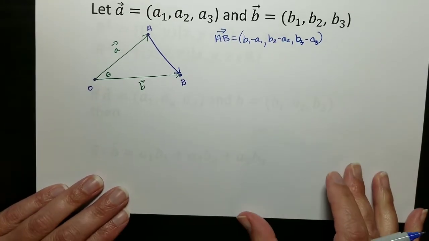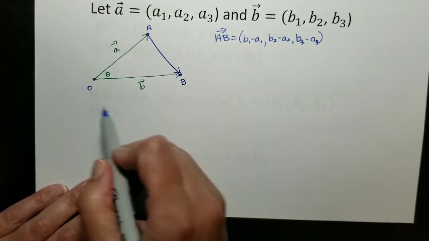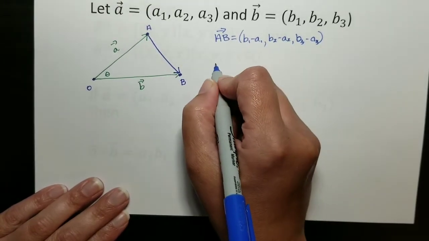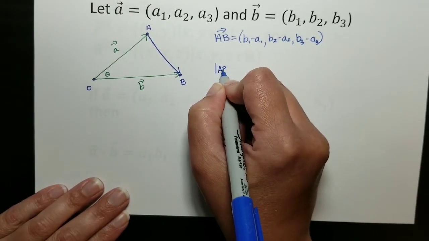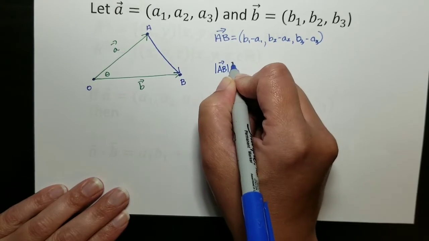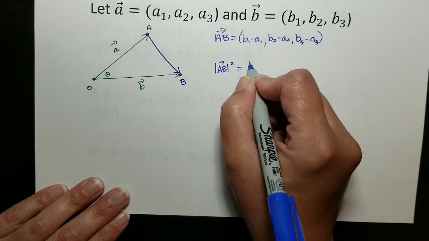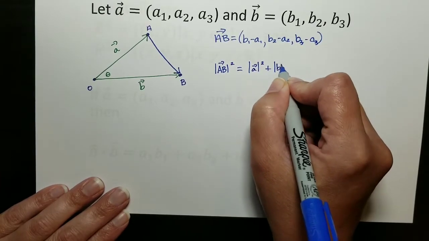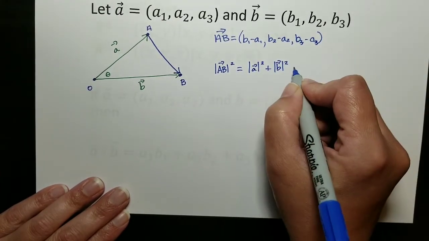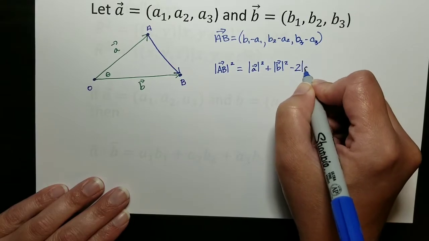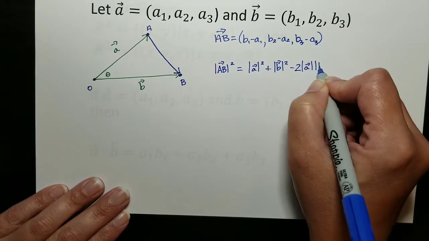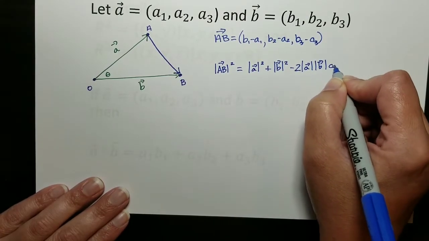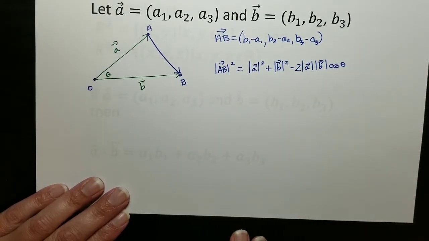Now I know that the cosine law will work for this triangle, and the cosine law would state that the magnitude of AB squared would equal the magnitude of vector A squared plus the magnitude of vector B squared minus 2 times the magnitude of vector A times the magnitude of vector B times cos theta.